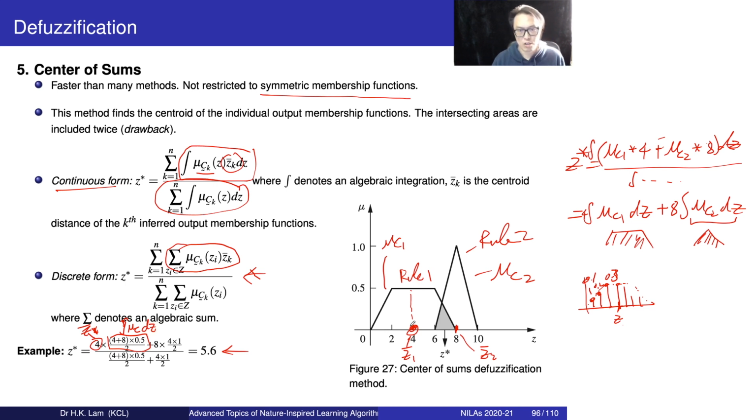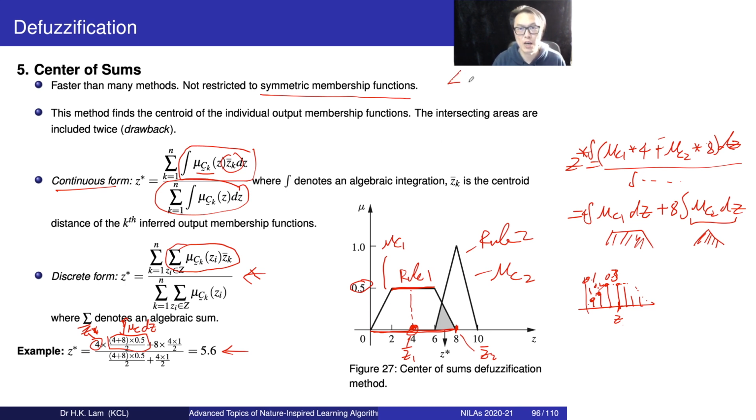This is a trapezoid, so we can just use this equation to find the area of the trapezoid. 4, that is the length of the top, plus 8, that is the length of the base, times 0.5, that is this value, divided by 2, that is the area of this trapezoid.